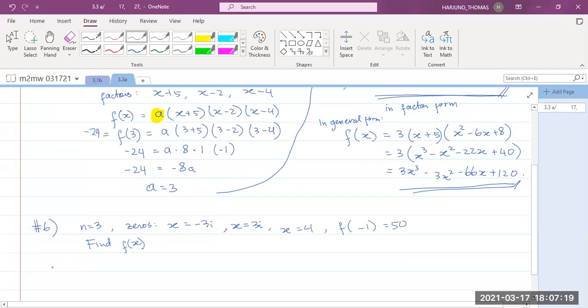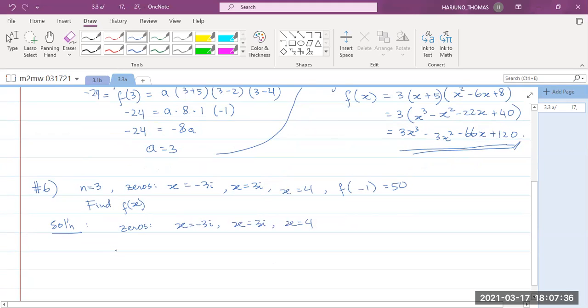Solution. The zeros are x equals negative 3i, x equals 3i, x equals 4.